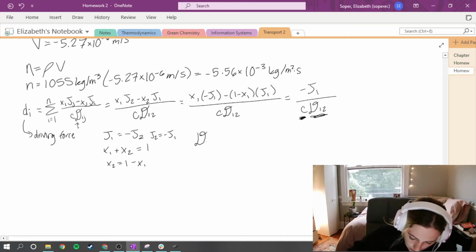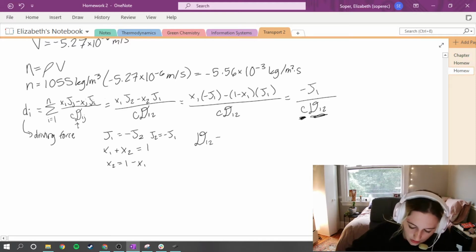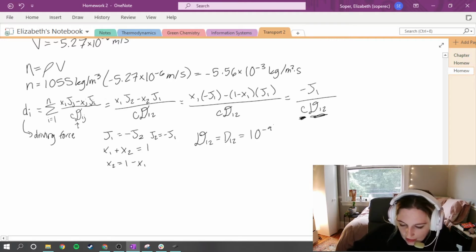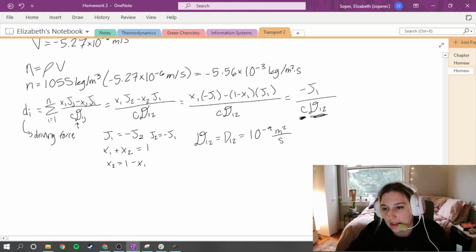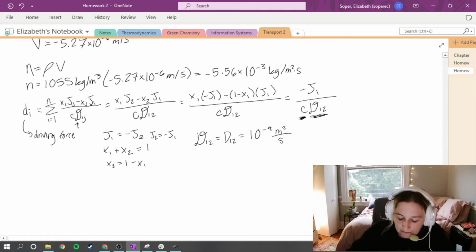So the diffusion coefficient is going to be equal to 10 to the negative 9th meters squared per second, which is just something that we memorize because this is an ideal system, so that's really handy to know.